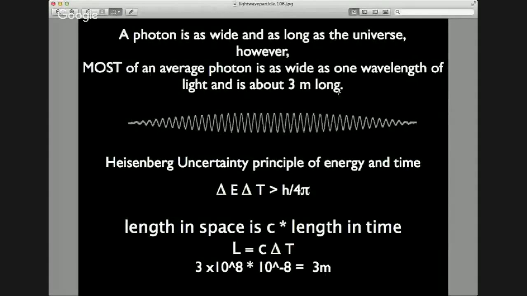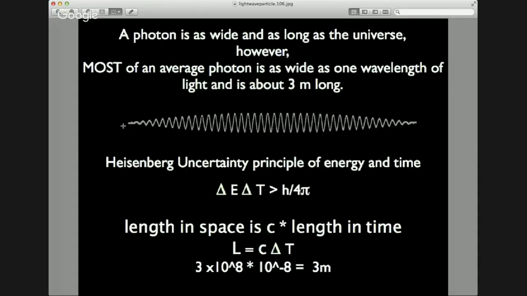So here's some information about a photon. What I've drawn here on this image is a wave, and in this 3 meter long wave of a photon, there might be almost 10 million waves. So you think of the wavelength of light, and it's quite short, it's 500 nanometers. But the total photon is 3 meters long.